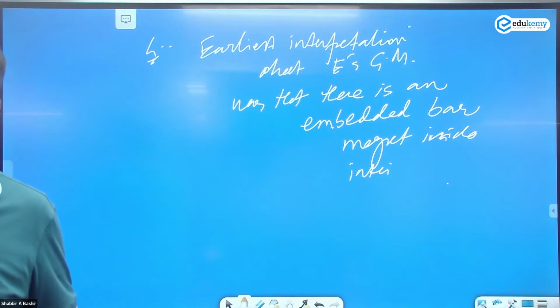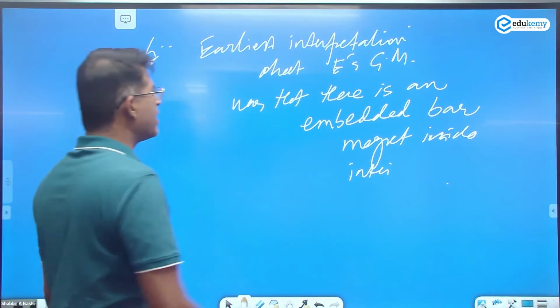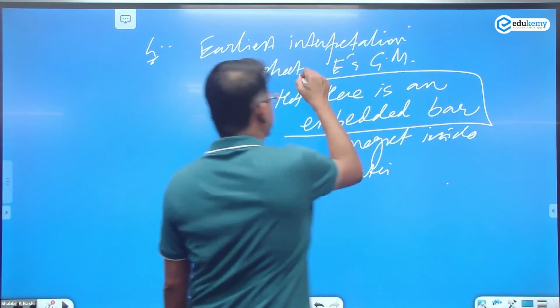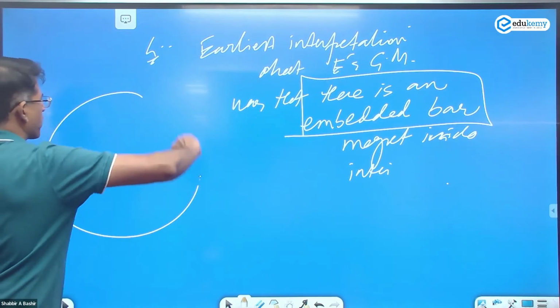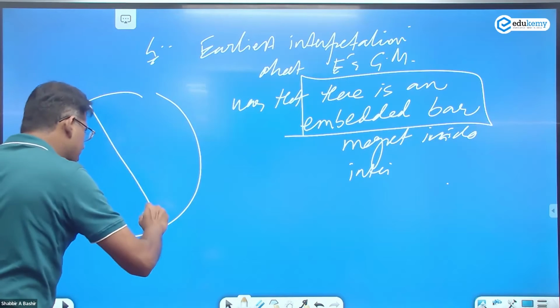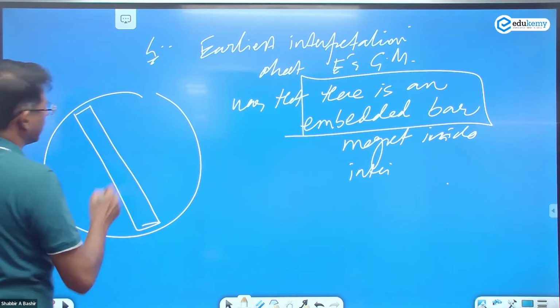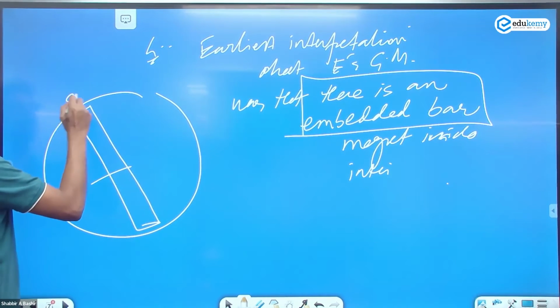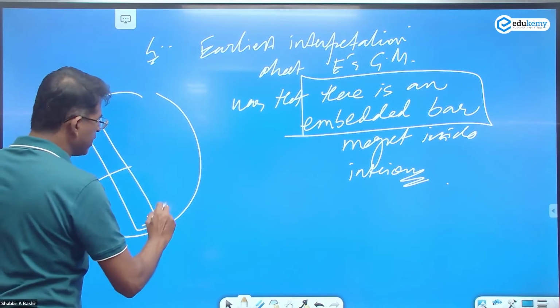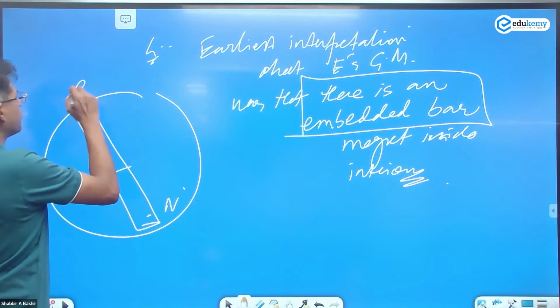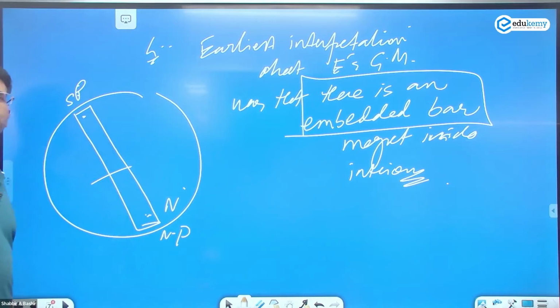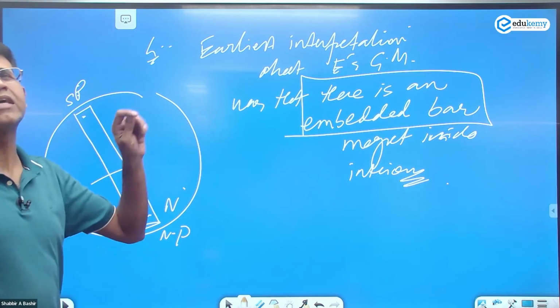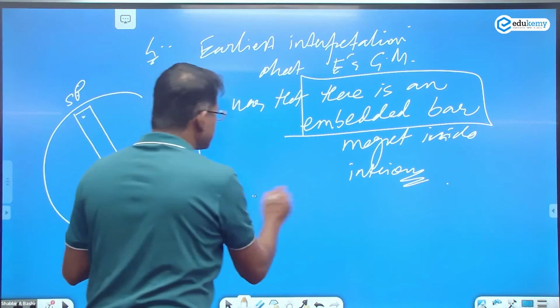Why does Earth have this property? There was a concept that said there is an embedded bar magnet. Meaning the Earth is like this, and inside the Earth there is a magnet, whose south is here and north is here. Therefore, this is the South Pole and this is the North Pole. So we thought there is an embedded bar magnet inside the interiors.